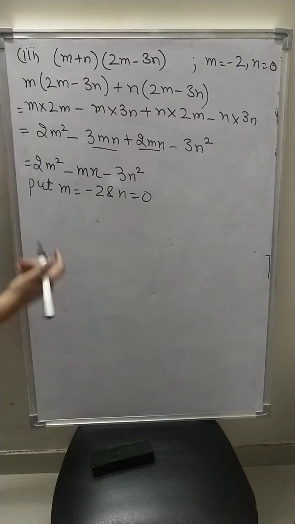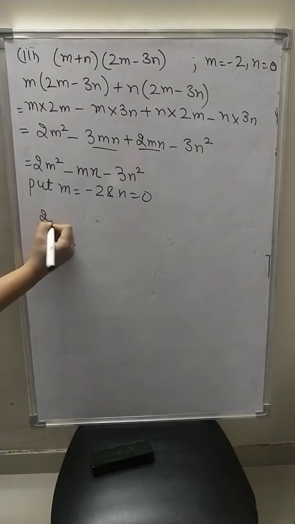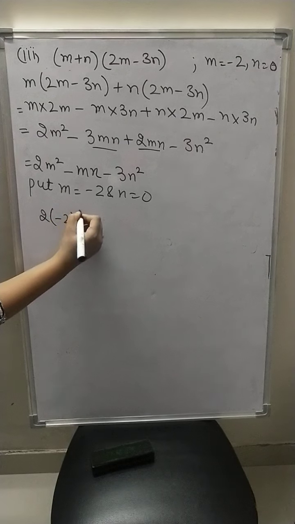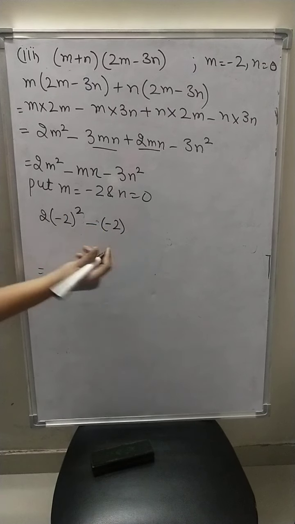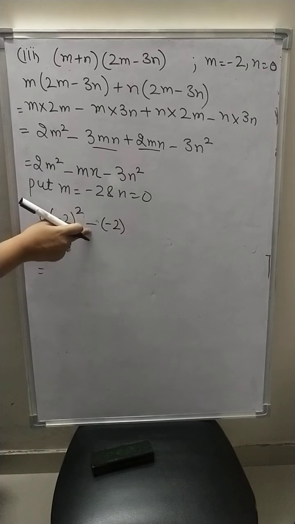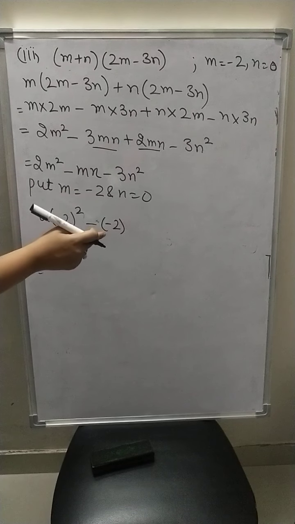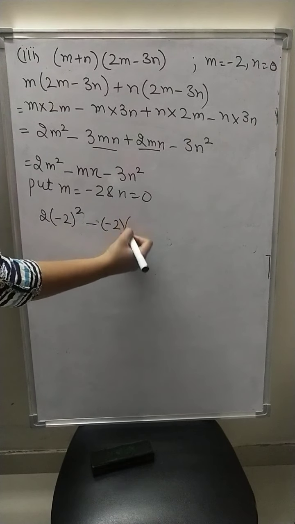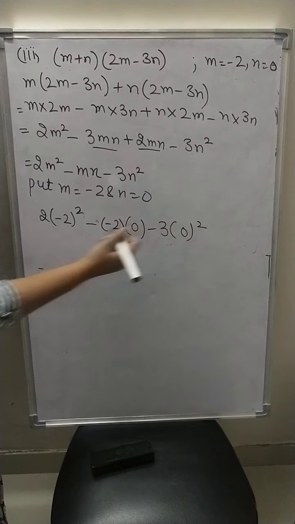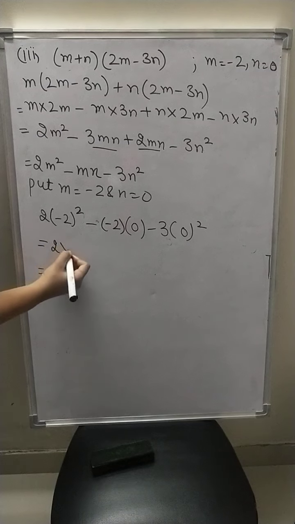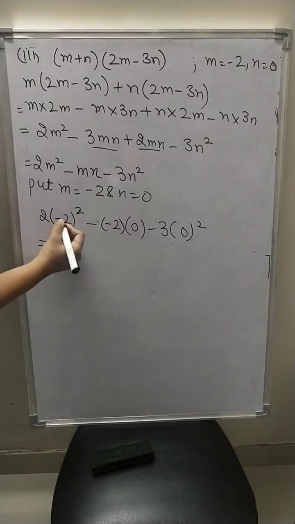So here students, I get 2 into minus 2 whole square minus 2. Why minus 2? This minus came, after that what is the value of m? The value of m is minus 2 into 0 minus 3 into 0 square. So that is 2 into 2 square. Minus 2 square is what?